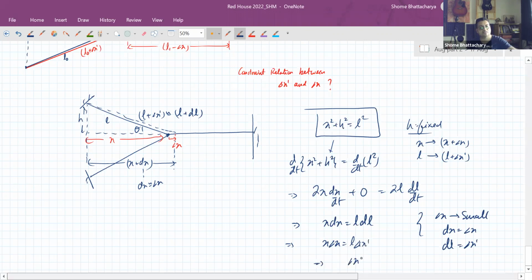Delta x prime will be delta x into x by L, or in terms of this theta, you can see that delta x prime will be delta x cos theta. So this is a constraint relation.